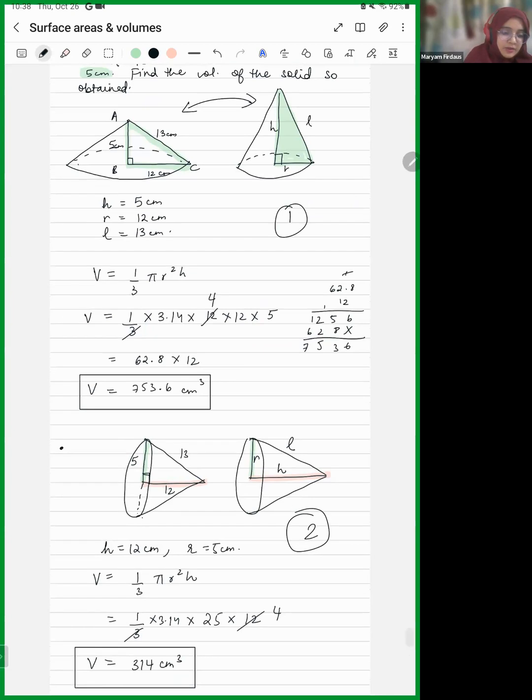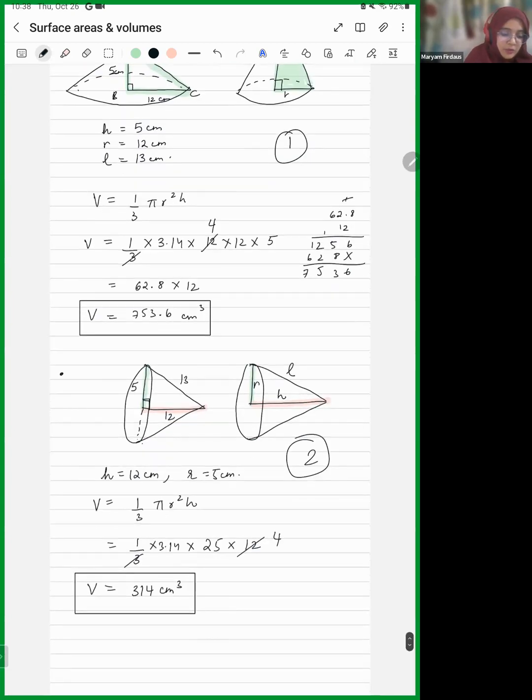So the volume of the first cone divided by the volume of the second cone is 1 by 3 pi, because pi is going to be the same in both cases. 1 by 3 is also the same. In the first case, R square is what? 12 square, or you can say 12 into 12 into 5.